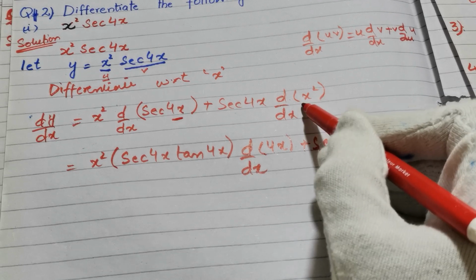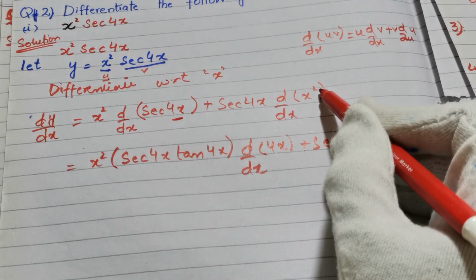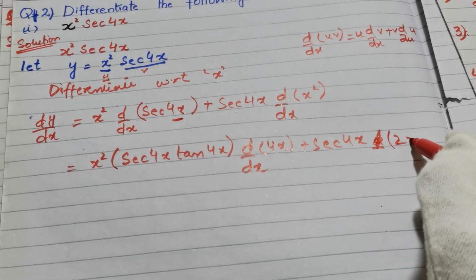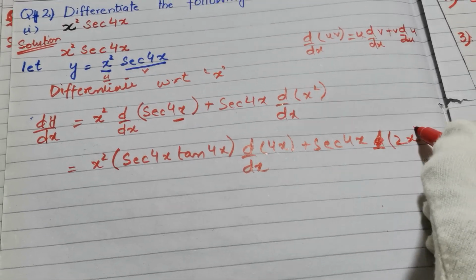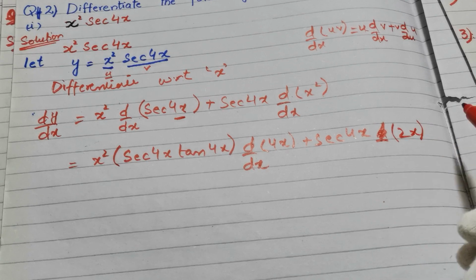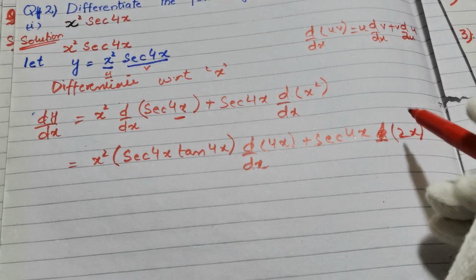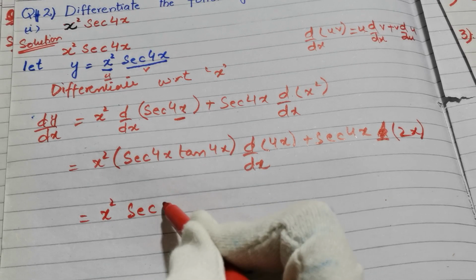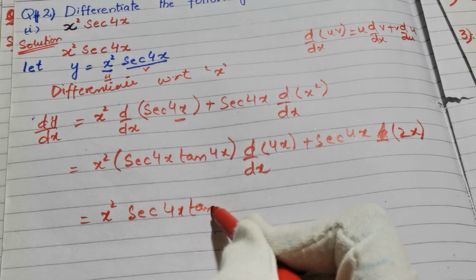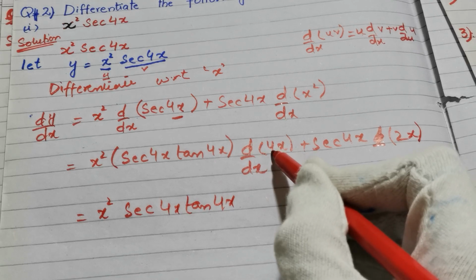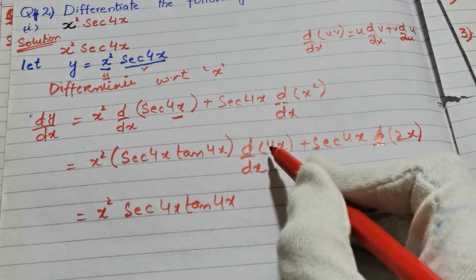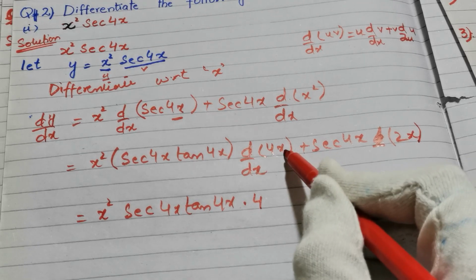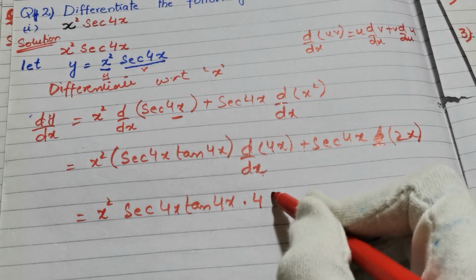Now derivative of x square. Here we apply the power rule. According to the power rule, derivative of x square, n is 2, x to the power 2 minus 1 becomes 1. So derivative of x square is 2x. Now x square secant 4x tan 4x, and derivative of 4x: 4 is constant, so we write it outside and derivative of x with respect to x is 1.